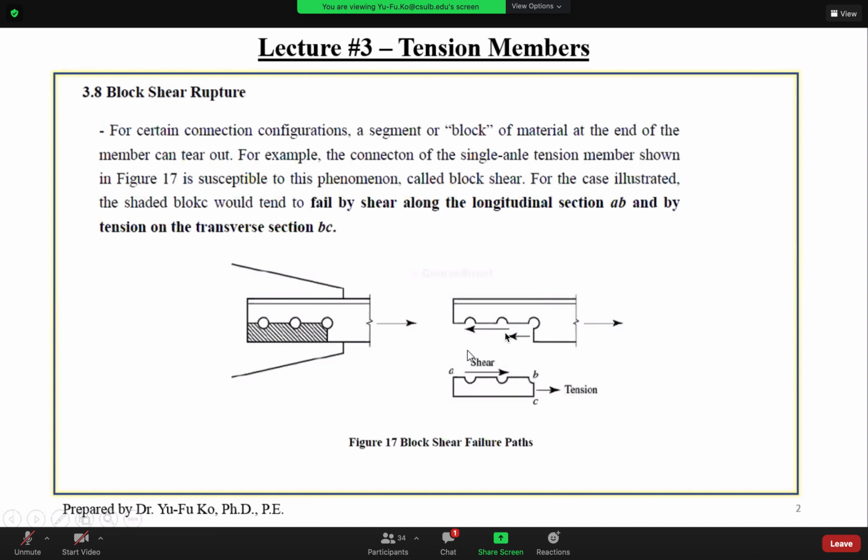For the case illustrated, the shaded block will tend to fail by shear along the longitudinal section AB and by tension along section BC. Okay? So this is another example of block shear failure.